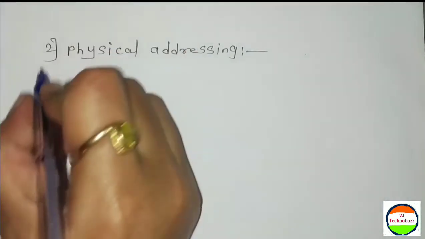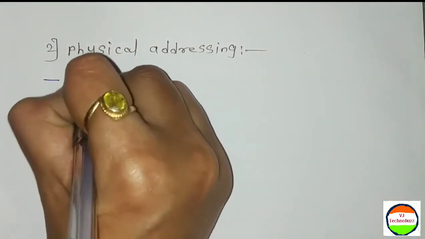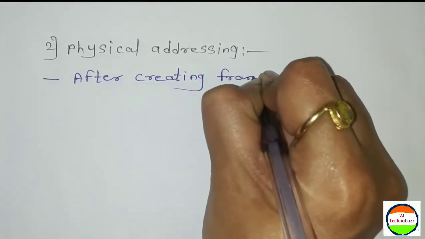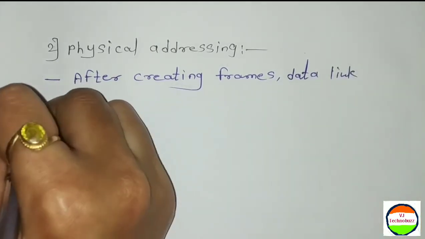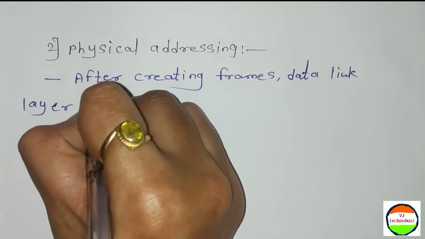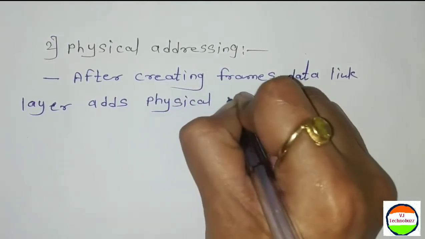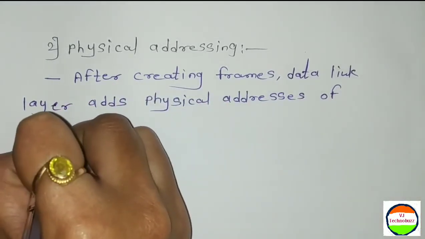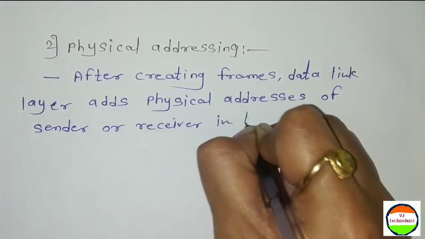After creating frames, the data link layer adds physical addresses of the sender or receiver in the header of each frame.